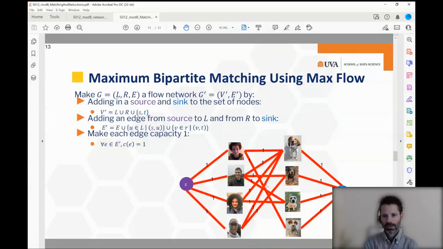Then we can map this into a maximum flow problem, meaning that finding a maximum matching is analogous to finding a maximum flow given this new graph structure where we have added the source, the sink, and added capacities, simple ones in this case because we just need to match 1 to 1. So we have simple capacities on all the edges here. And so now we just solve this matching problem by solving the max flow problem.